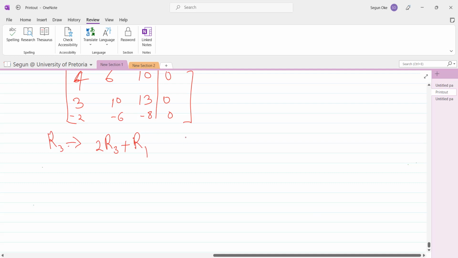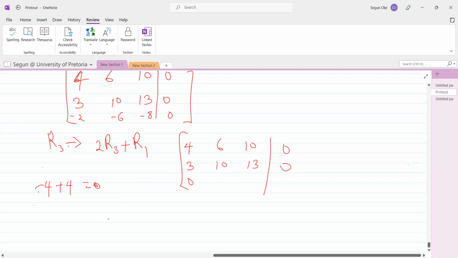It will give us our row 1 will remain 6, 10, 0. Row 2 will also remain 3. But for row 3, we have 2 multiplied by row 3 minus 4 plus row 1 plus 4 equals 0. We put 0 here.